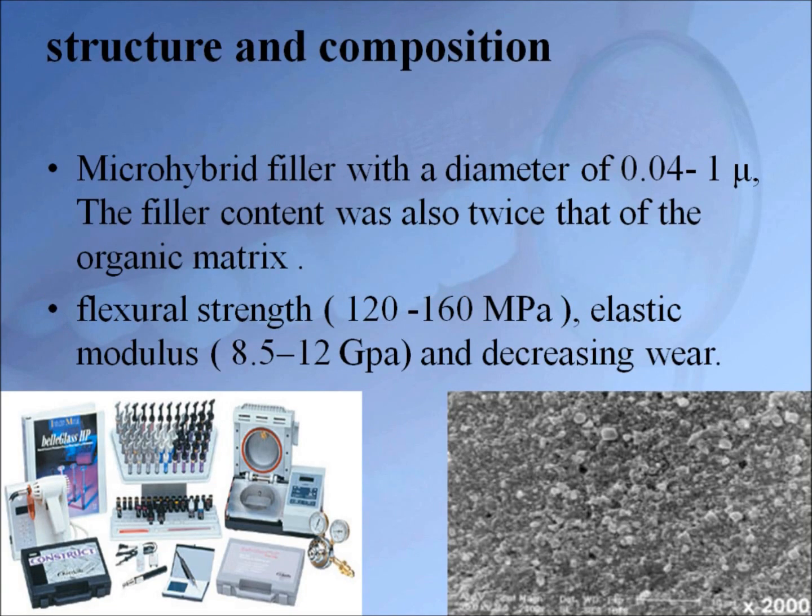Structure and composition. Microhybrid filler with a diameter of 0.04 to 1 micron. The filler content was twice that of the organic matrix. Flexural strength 120 to 160 megapascal. Elastic modulus from 8.5 to 12 gigapascal, and reduced wear.